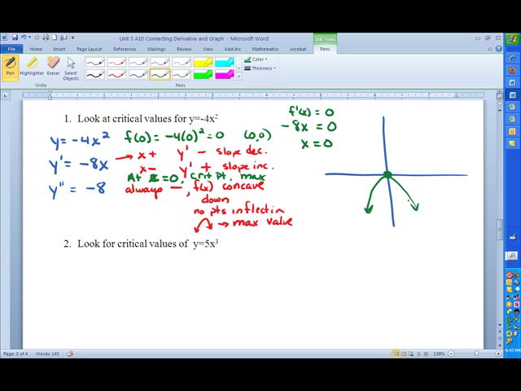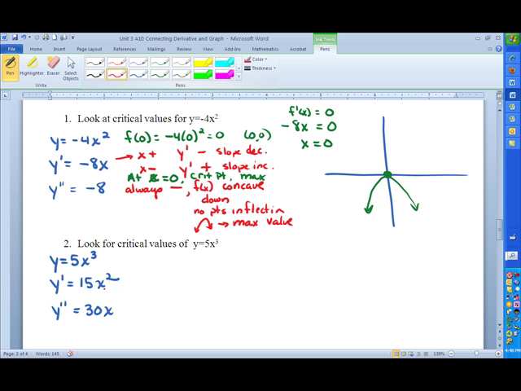Let's do the same thing with y equals 5x cubed. First, let's just take the derivatives. And so y prime equals 15x squared, and y double prime equals 30x. And let's talk about what these things are telling us.